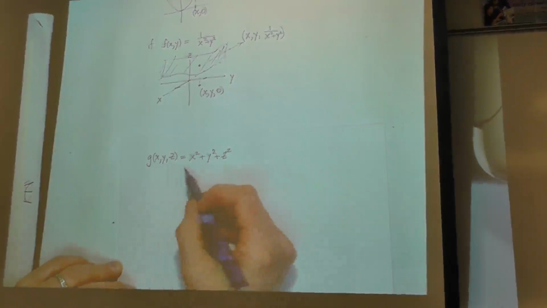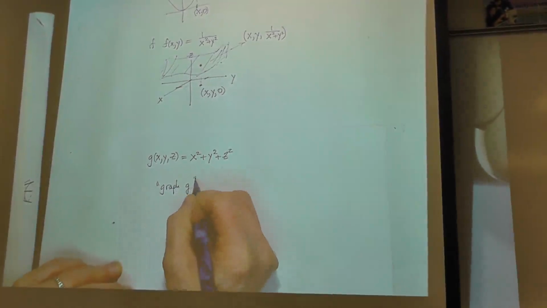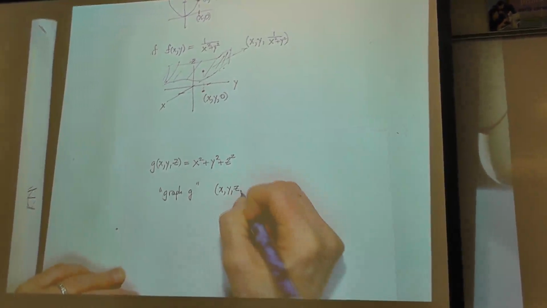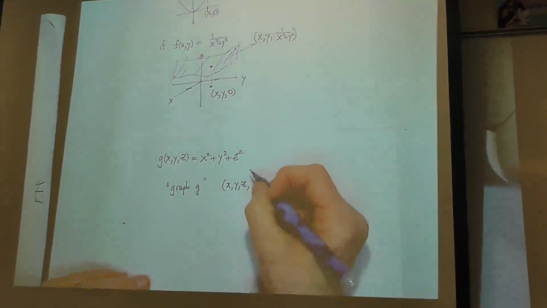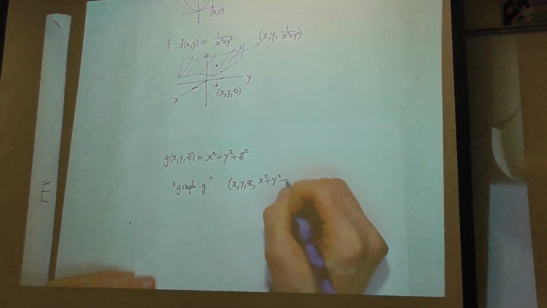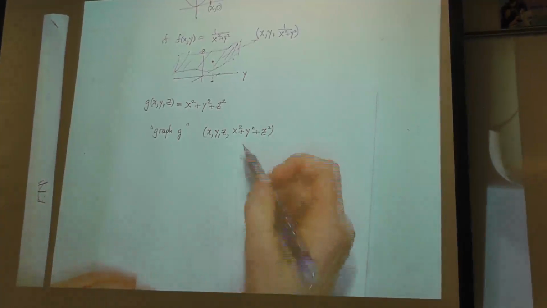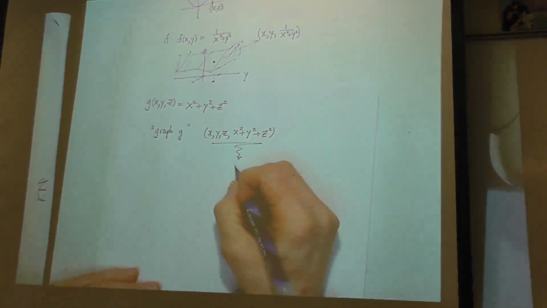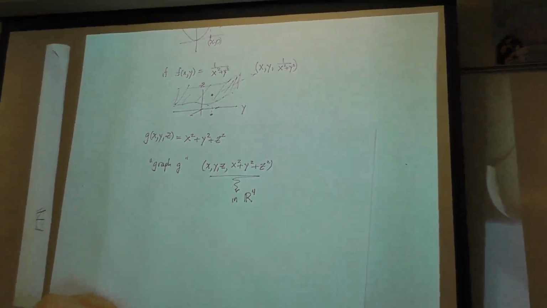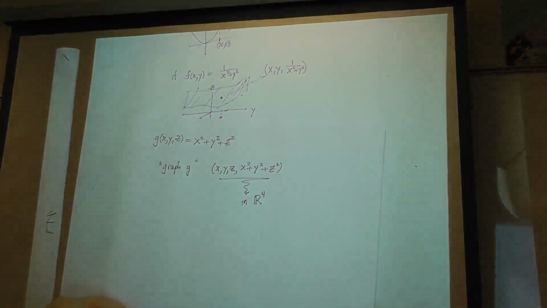And for me to graph g, I'm going to be graphing points of this form. I have complete freedom in choosing x, y, and z, and they get mapped to x squared plus y squared plus z squared. And this is problematic because this is a point in 4 space. I can't graph 3-dimensional space very well. 4-dimensional space is basically beyond us.